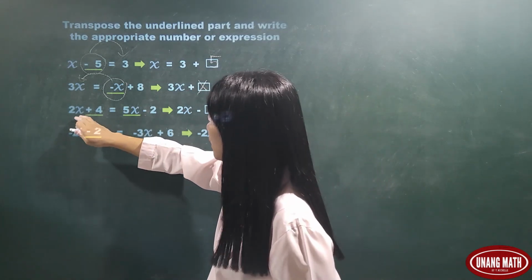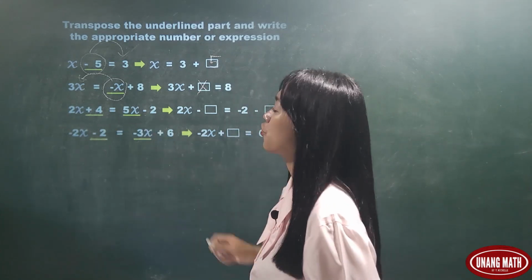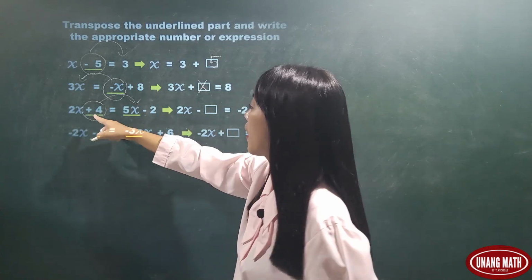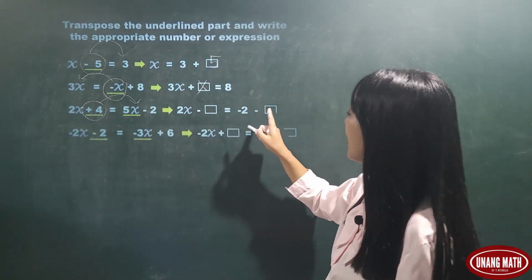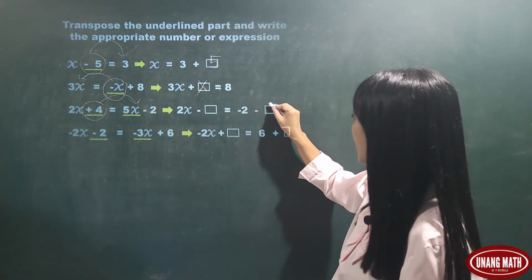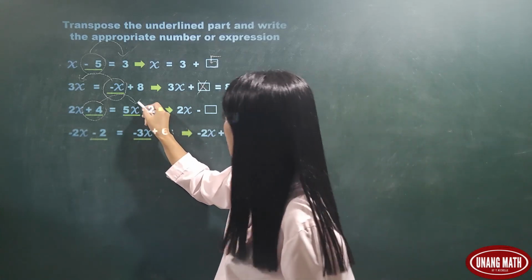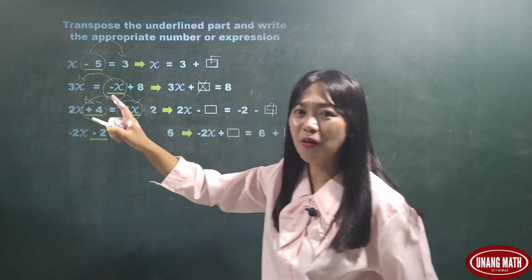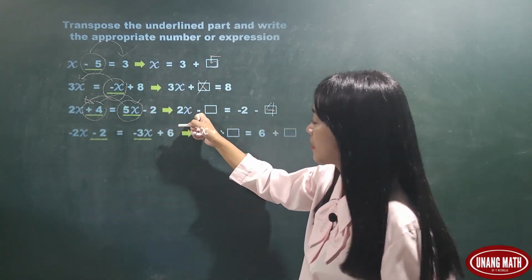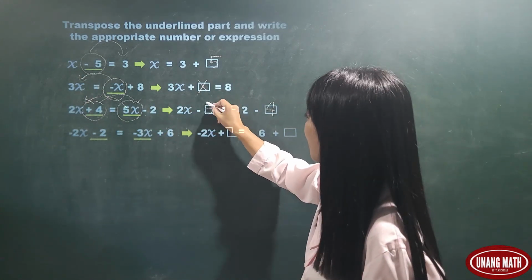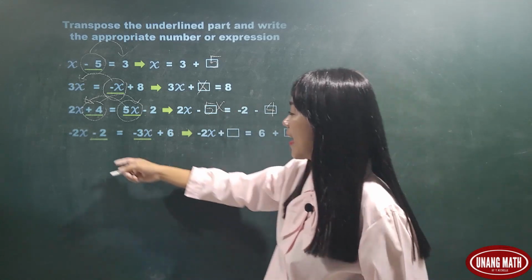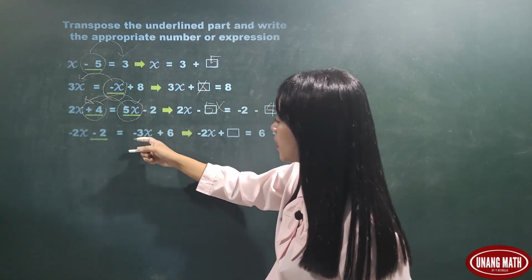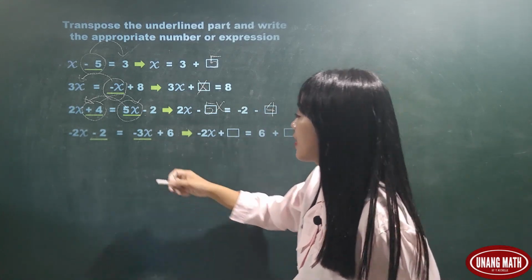How about 2x plus 4 equals 5x minus 2? Transpose positive 4 on the right side of the equation. It becomes negative 4. So here is minus 4. Okay, transpose positive 5x on the left side of the equation. Positive becomes negative, so minus 5x. And then the last example, negative 2x minus 2 is equal to negative 3x plus 6.